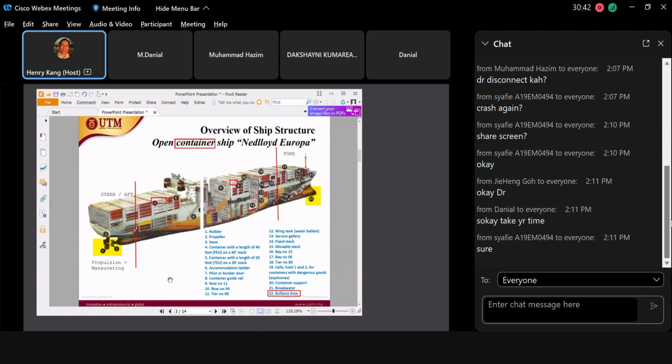Marine transportation is very important for our global economies, because most of the products, most of the commercial goods, are transported via containers.